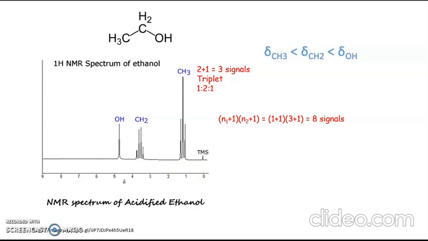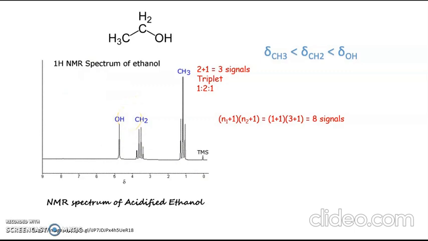So the H plus ion of the acidified medium exchanges the protons between the OH groups of different molecules, so that the lifetime of an OH proton in any given conformation becomes too short to permit observation of the effect of the OH proton on the neighboring group.